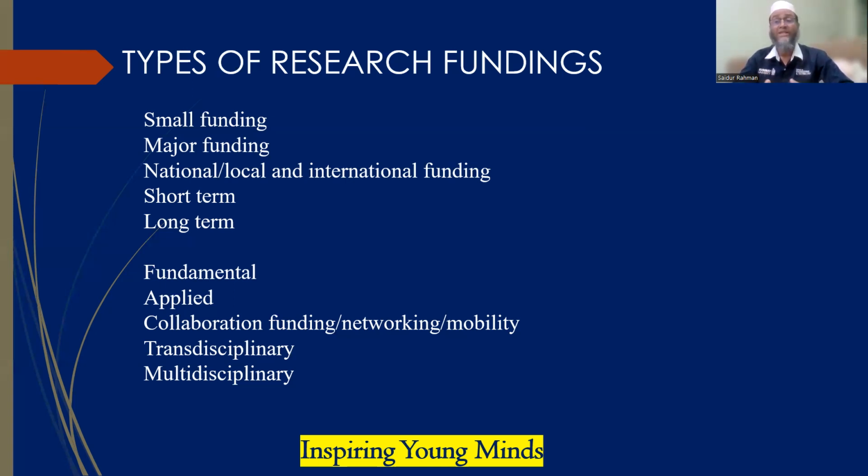In that case, it is about bringing people together to create the network: travel, meetings, communication. Okay, so mobility will be the most important activity. So that's why researchers need to know the types of funding before preparing their proposal, before going into the main proposal. So these are important things to know, the types of funding, so that you are well prepared.